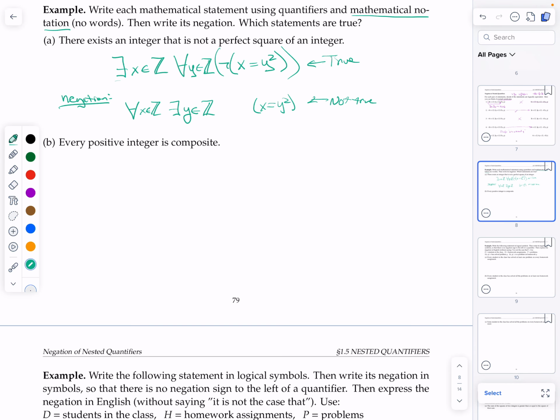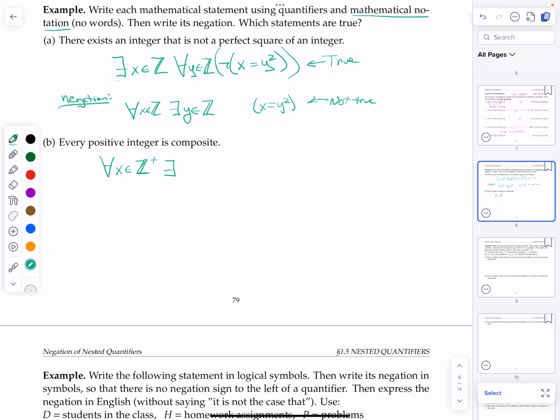Okay, every positive integer is composite. So for every integer, I'm going to do this to emphasize that it's the positive integers. So these are the integers greater than 0. Composite, what does it mean to be composite?